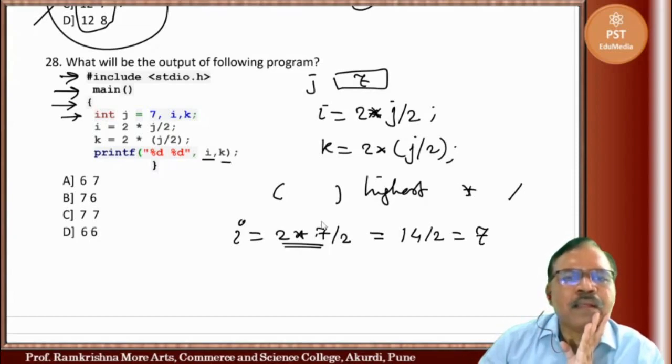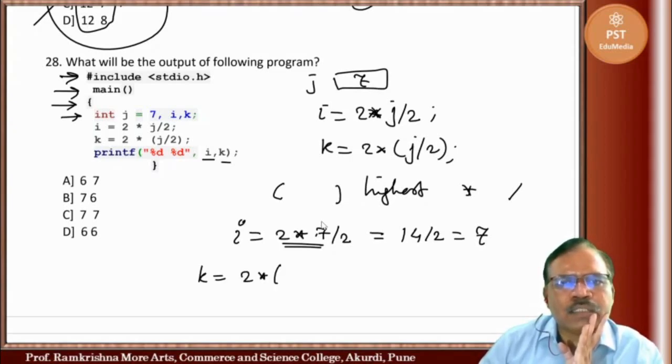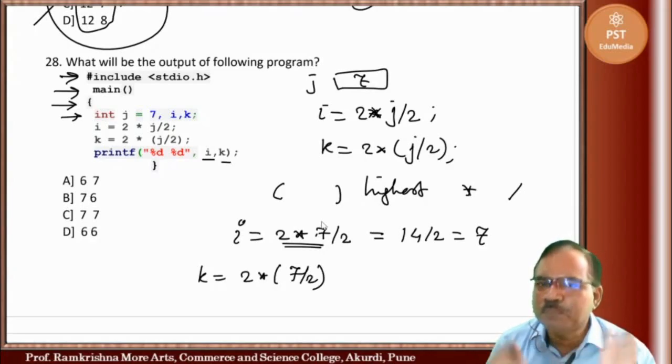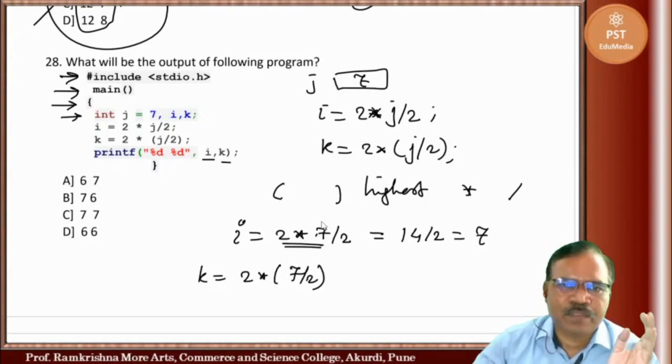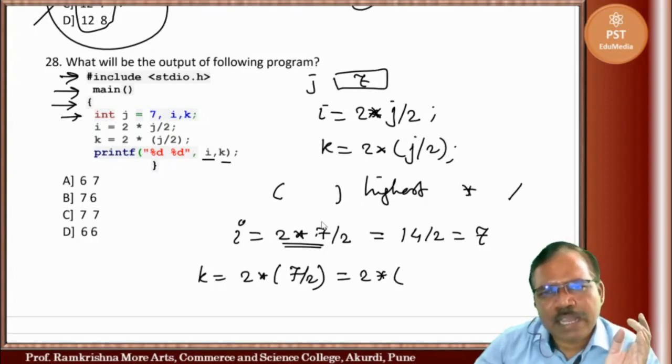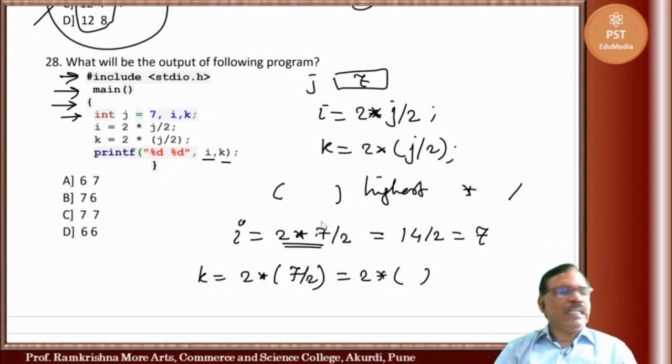Okay. Now in the second one, k, 2 star j by 2 means 7 by 2. First the bracket is evaluated. What is the value of this bracket, 7 by 2?